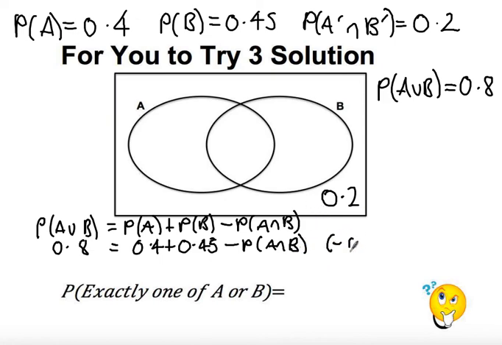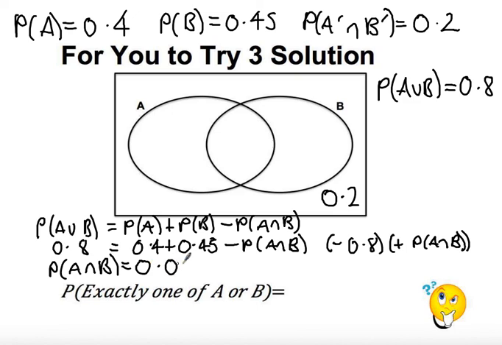I'm going to subtract 0.8 from both sides. I'm going to add probability of A intersect B to both sides. And so I get probability of A intersect B equals 0.85 take away 0.8, 0.05. So just fill that in now into my Venn diagram, because I know the central bit is 0.05.